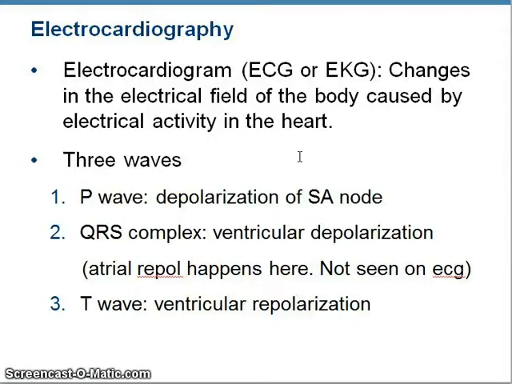They look very similar because they're a graph with lines going up and down, but they are different things. So for the ECG, first you just want to get down what the three different waves represent and where on the ECG you get depolarization and repolarization of your atria and your ventricles, and then we'll overlay the events of the intrinsic conduction system on top of what we already know about the ECG.